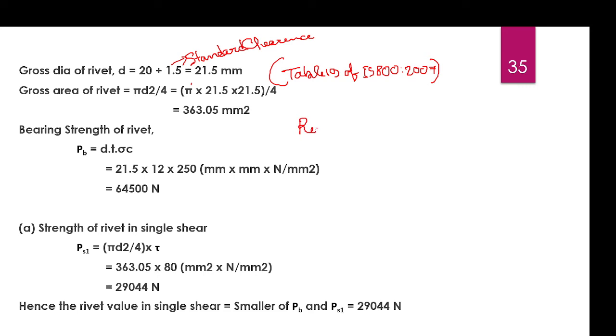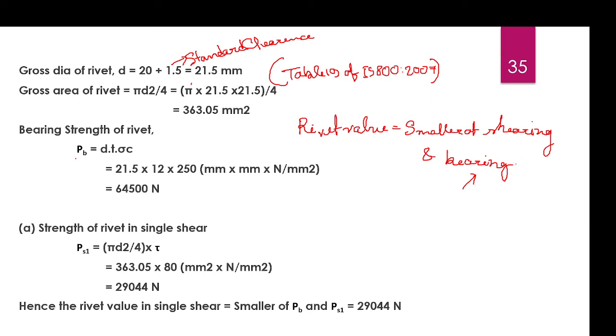One more thing in this portion, we are going to calculate the rivet value. So what is rivet value? Rivet value is always the smaller of shearing strength and bearing strength. In this problem, only the shearing strength will vary for the two different conditions, single shear and double shear. But bearing strength will be the same. So we are going to calculate the bearing strength first.